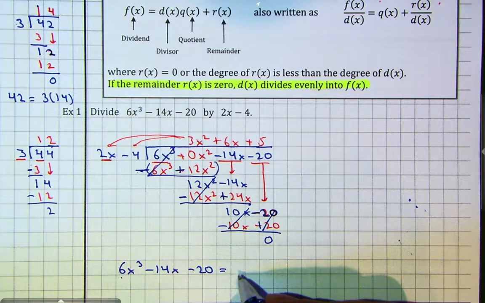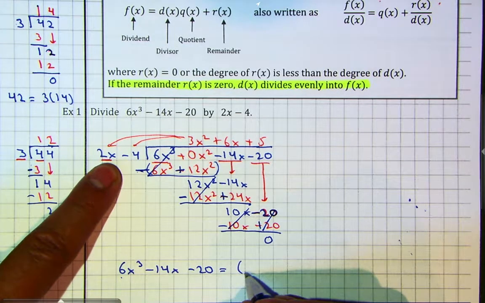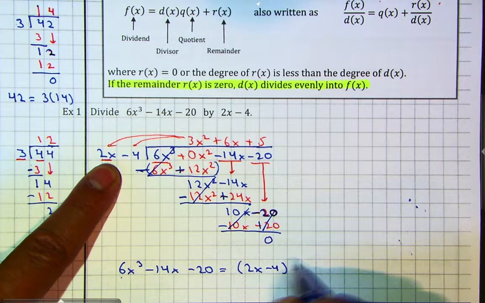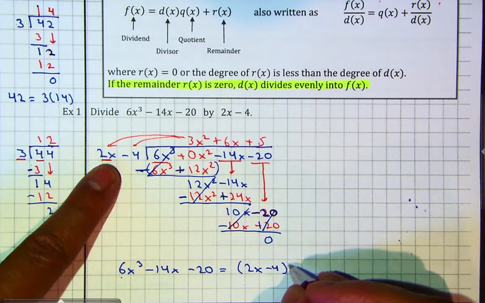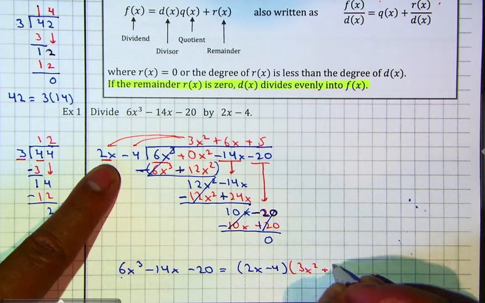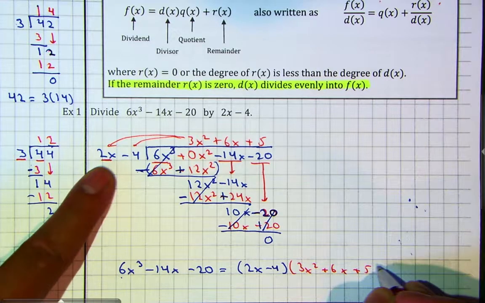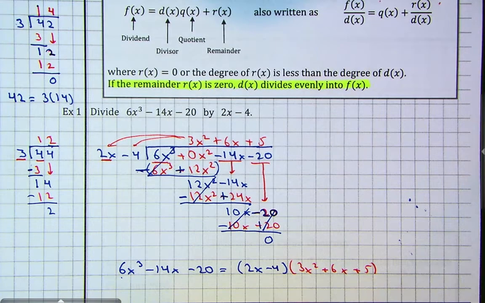So my divisor is 2x minus 4 times 3x squared plus 6x plus 5. And that's how we're going to write it down once we are working on example number 3, 4.